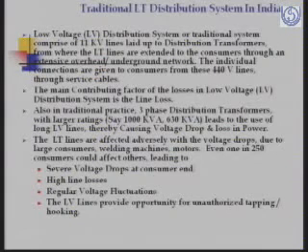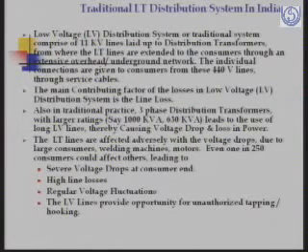So this traditional system of taking power to the consumer on low voltage lines has been contributing to very high losses due to large voltage drops over the LT lines, high line losses, voltage fluctuations, and giving an opportunity to the consumers to hook the lines.